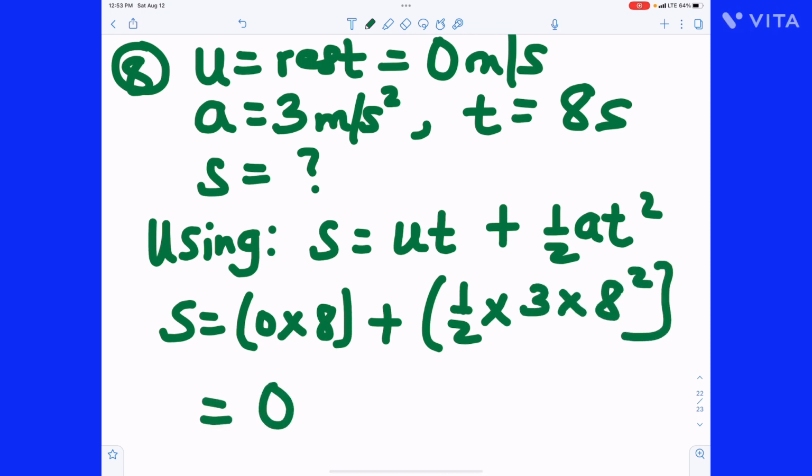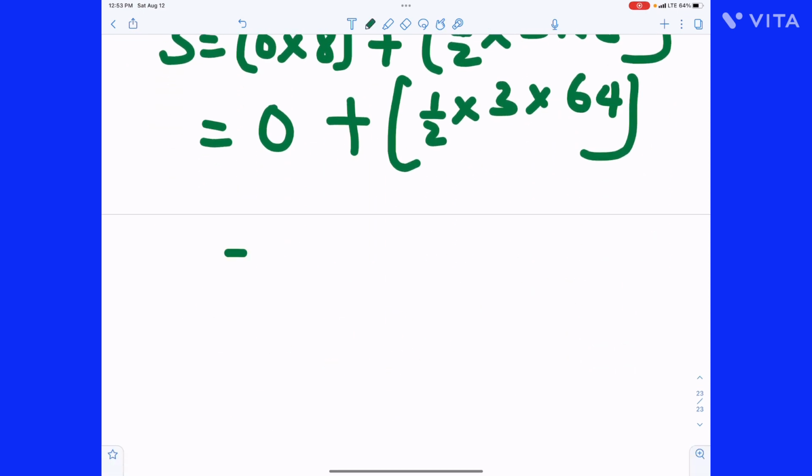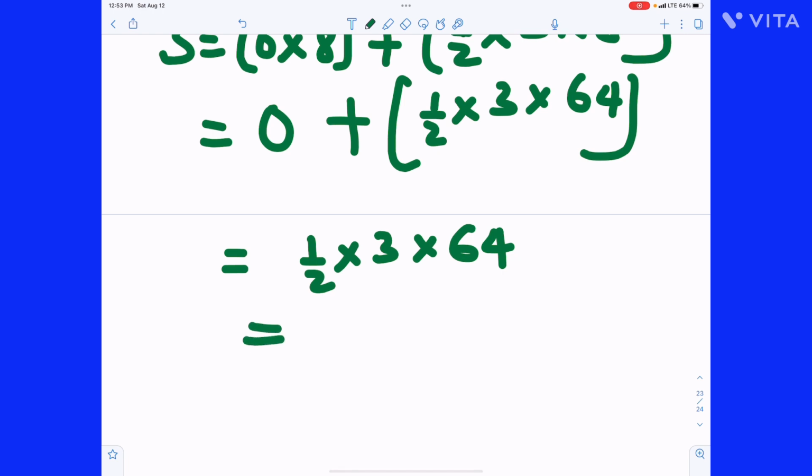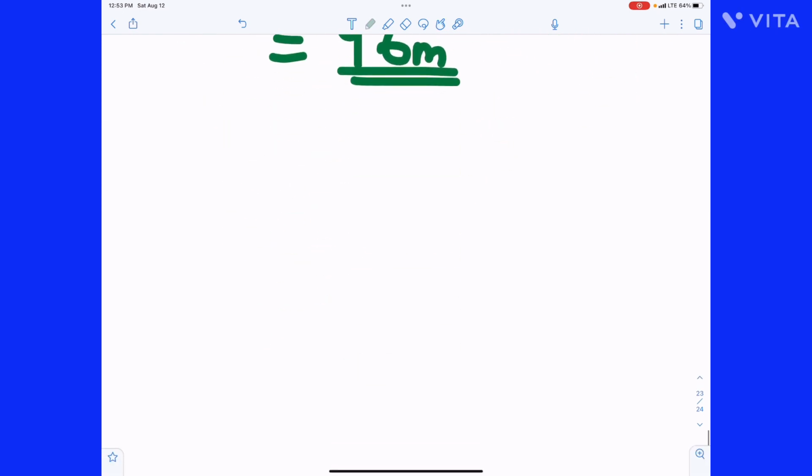That gives you 0 plus half times 3 times 64. The 0 will disappear. Our answer is 1 over 2 times 3 times 64. 2 in 64 is 32, so that's 3 times 32, which is 96 meters. So the body will travel 96 meters. Take that as a first method.